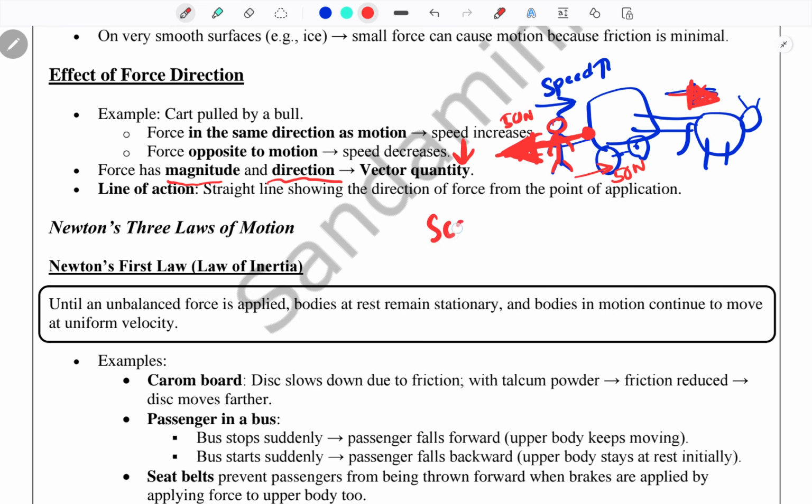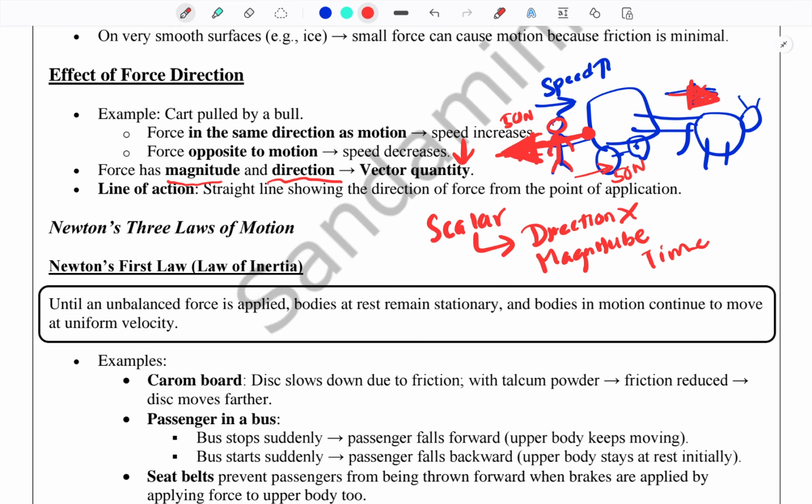But if it is a scalar quantity, it doesn't have a direction, only the magnitude. For example, time. Can I give time a direction? No. But I can say a quantity like 5 seconds, 10 minutes, 1 hour. I can't say a direction.